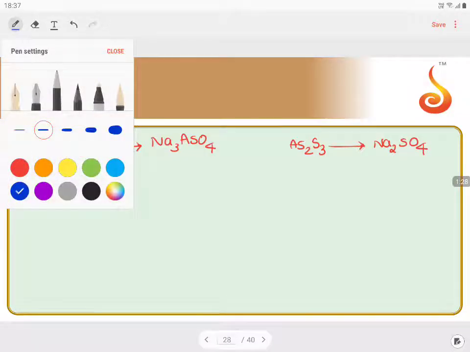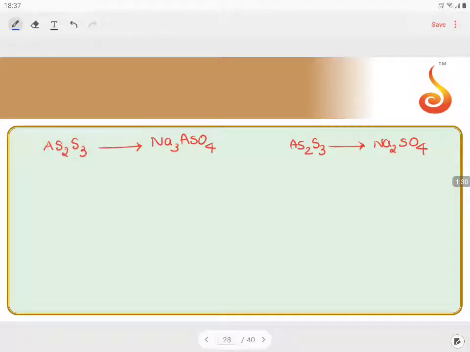Now what we'll do is we will try to see the oxidation state of arsenic in this, oxidation state of sulfur in this. That's how we'll see the difference. Arsenic in this particular one is in oxidation state of +3.